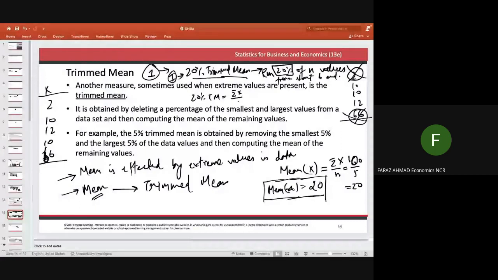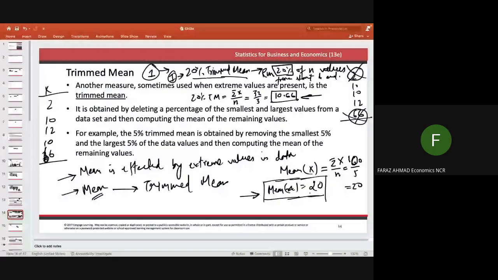In that case, my 20% trimmed mean is equal to summation x divided by n. And in this case, summation x is 32 divided by 3. And what I get is 10.66.